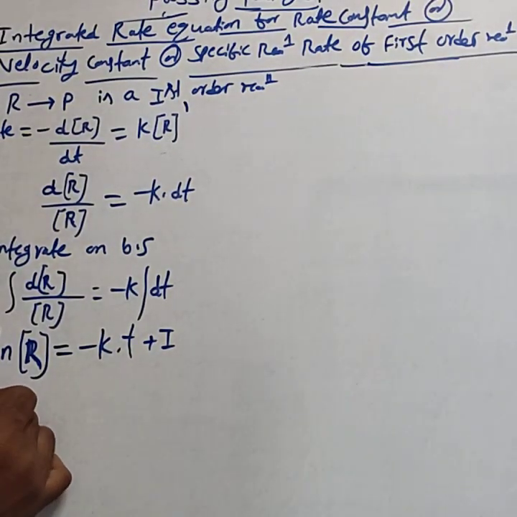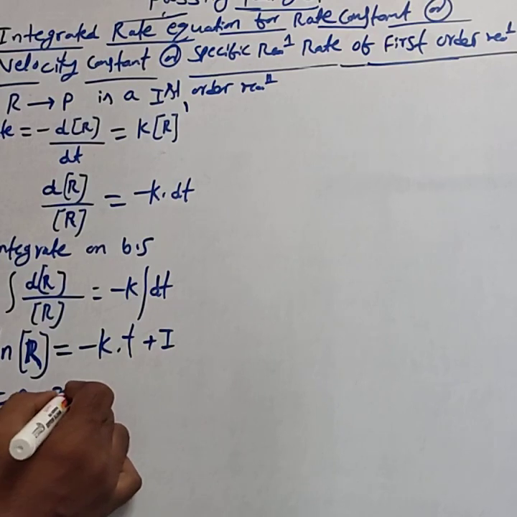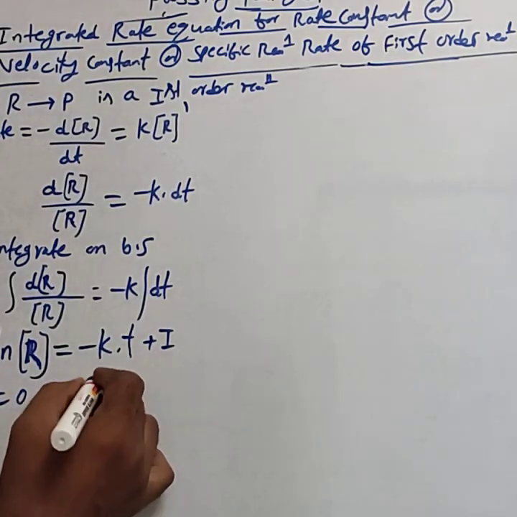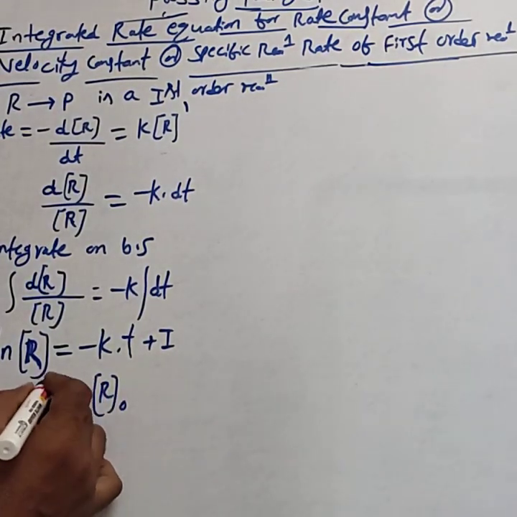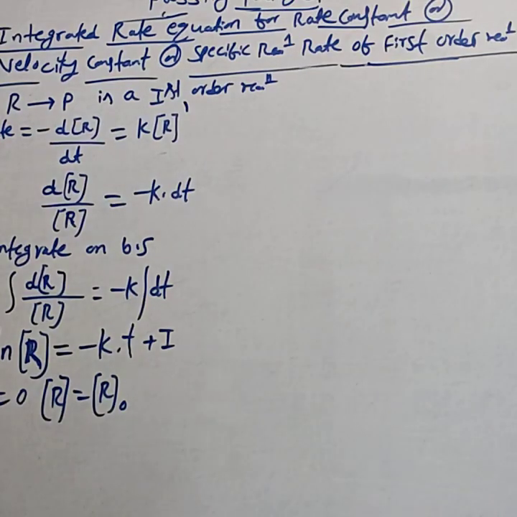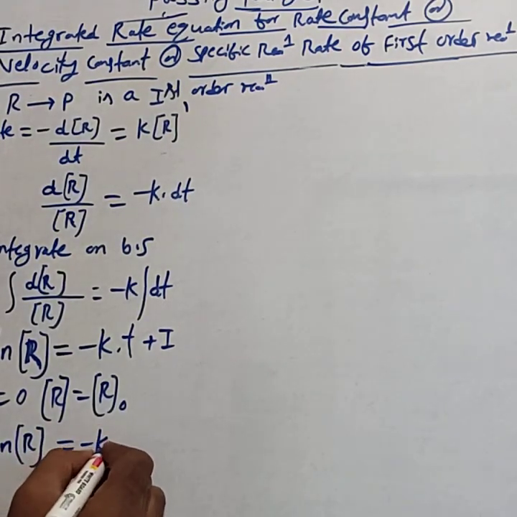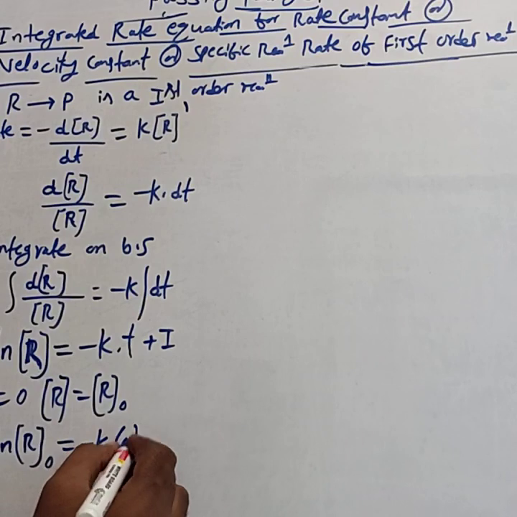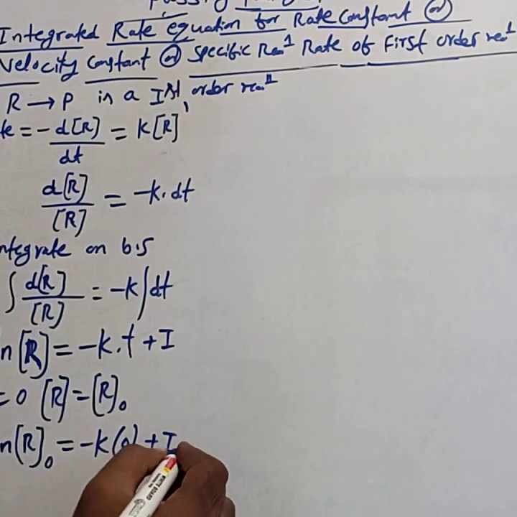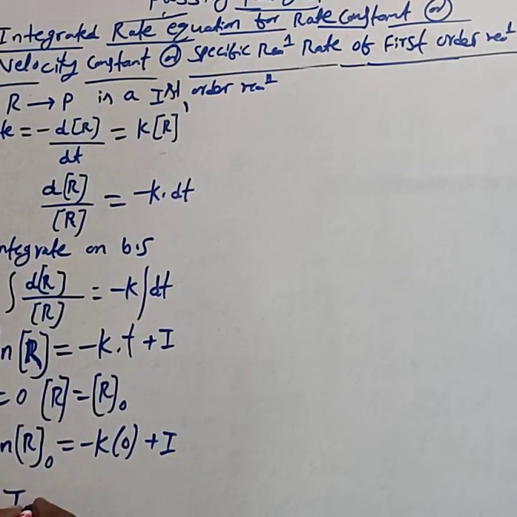Similarly, when t equals 0, the R value is equal to R naught. Substitute, then ln R naught equals minus K into 0 plus I. Then the I value is equal to ln R naught.